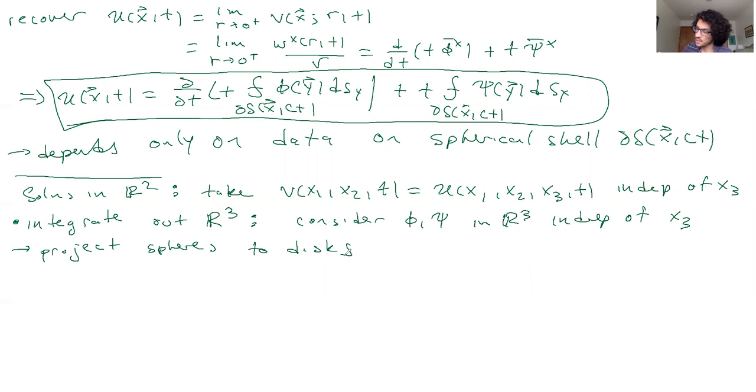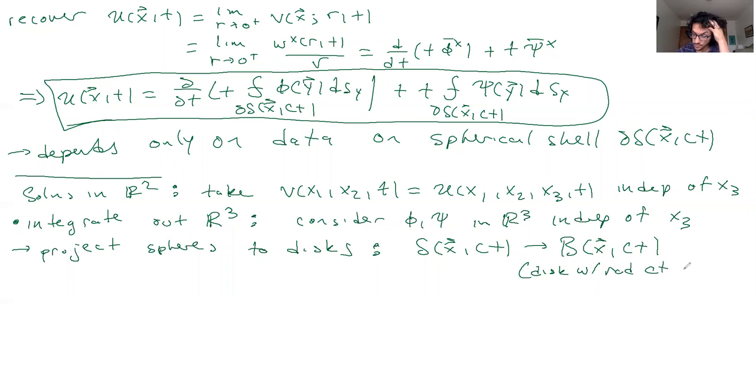So the S of CT that I started with, I will think of them as two-dimensional balls centered at x with radius CT. So this is going to be a disk with radius CT centered at x.